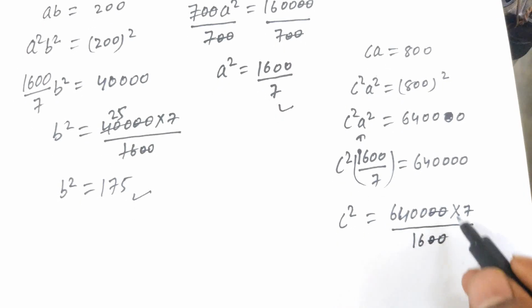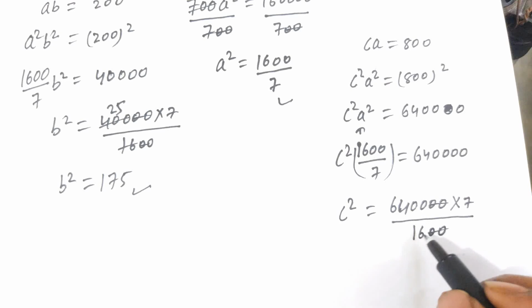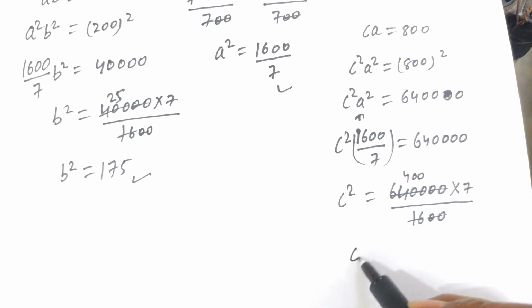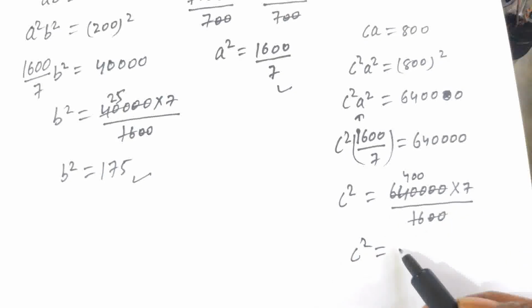Then the zeros cancel out, and here 6400 is divided by 16, then we get 400. Then the value of c square is 400 times 7, that is 2800.